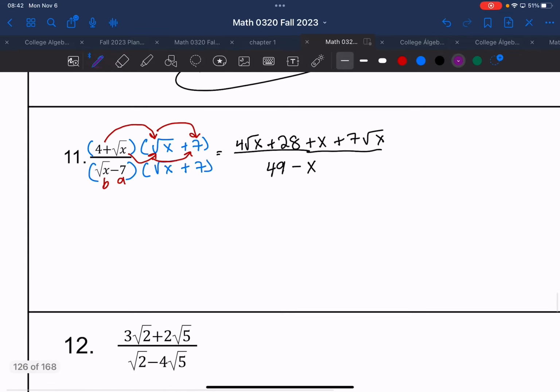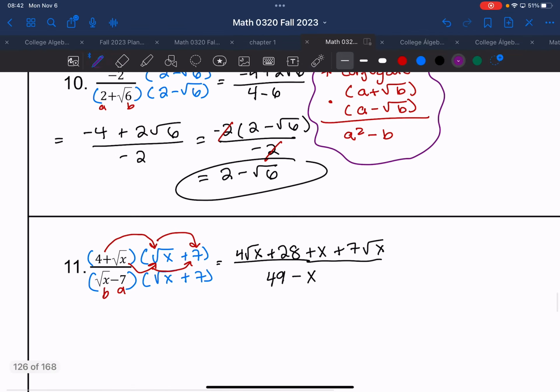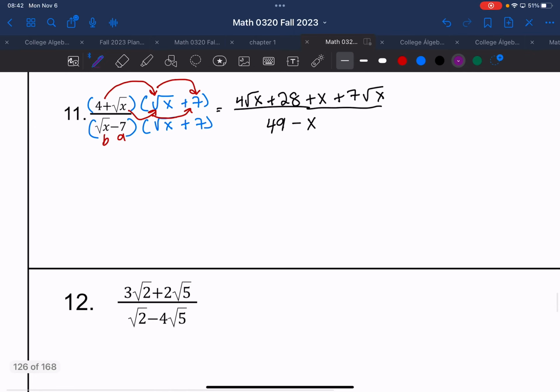So remember, up here, it had our number, then our square root. So technically our number is -7, so -7 plus our square root. This right here, the square root of x minus 7, is the same as being written as this.